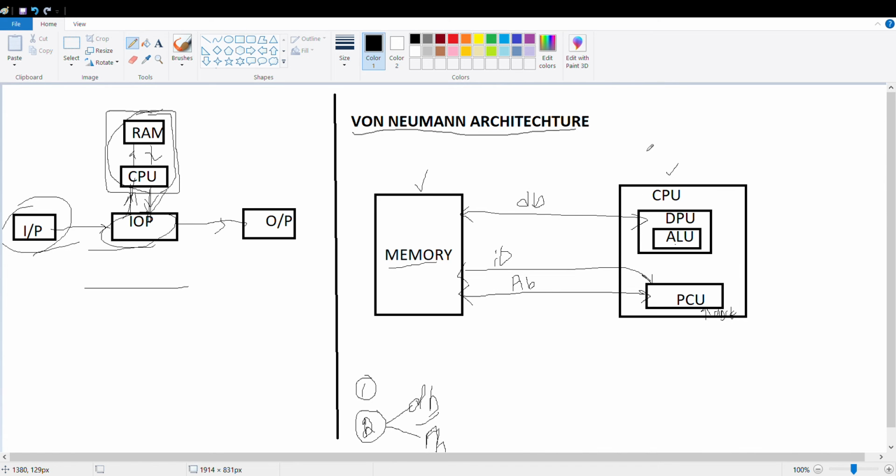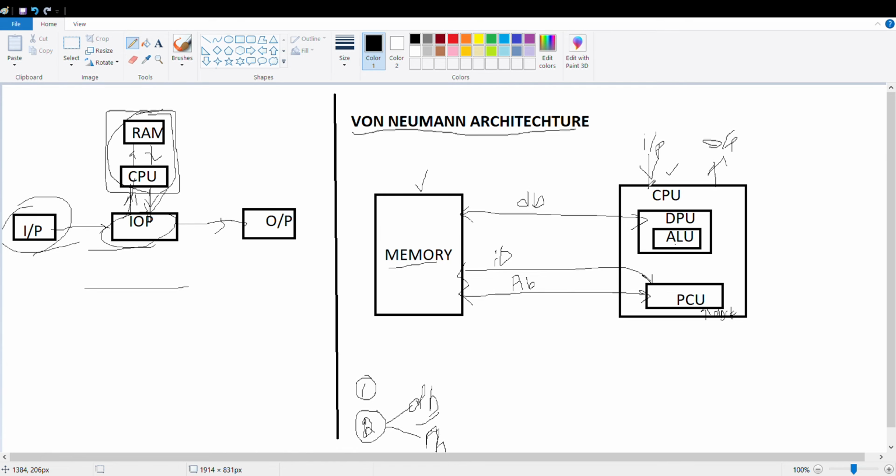Okay, so we have to draw that the coming information is input, and coming out is output. Yes, and let's see now in detail. We have drawn the diagram.